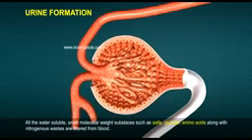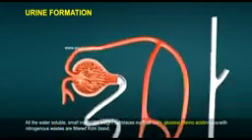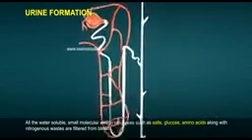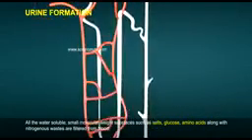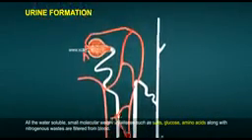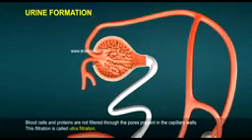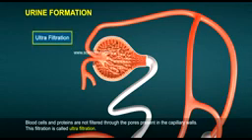All the water-soluble, small molecular weight substances such as salts, glucose, amino acids, along with nitrogenous wastes are filtered from blood. Blood cells and proteins are not filtered through the pores present in the capillary walls. This filtration is called ultrafiltration.